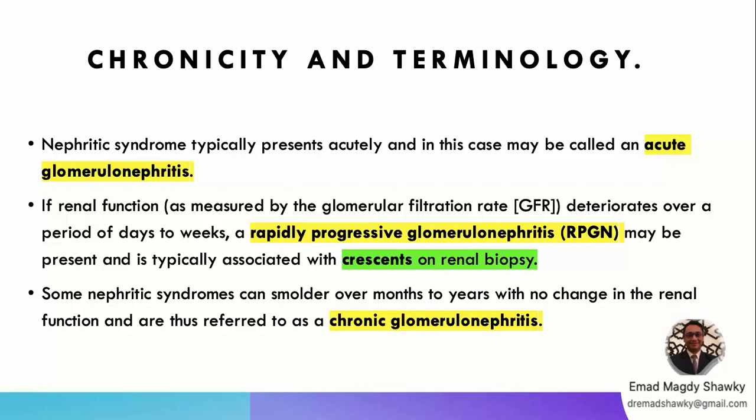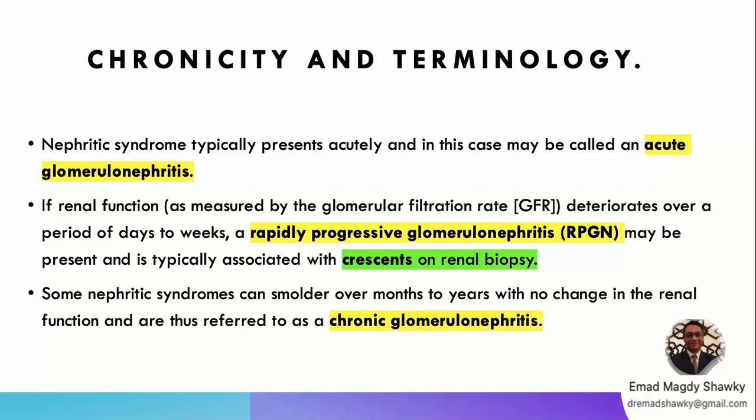If it progresses to a more severe form with crescent formation, this inflammation stimulates the lining of the Bowman's capsule to multiply into multiple cells and compress the tuft completely or near completely. It will give a more aggressive form, which is rapidly progressive glomerulonephritis, associated with crescents in the renal biopsy.